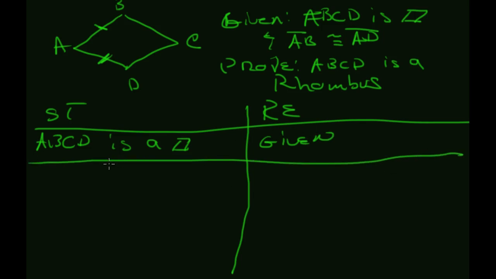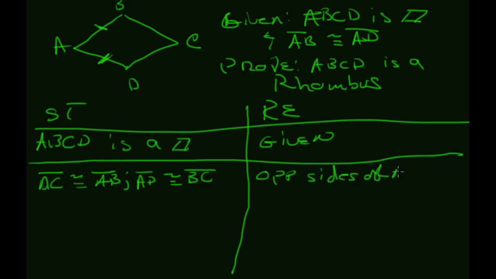Okay, then we know that DC has to be congruent to AB, and I want AD congruent to BC because the opposite sides of a parallelogram are congruent.